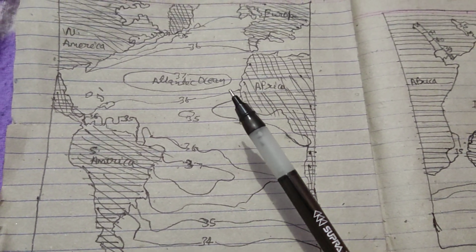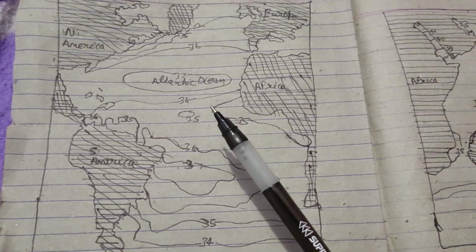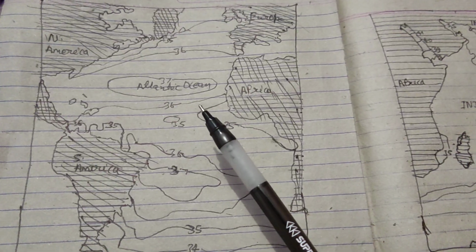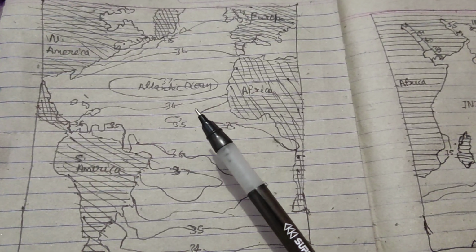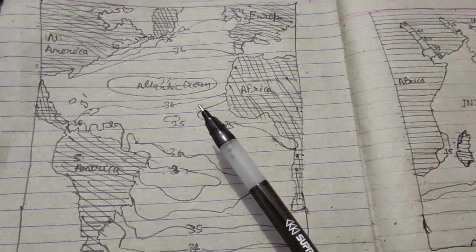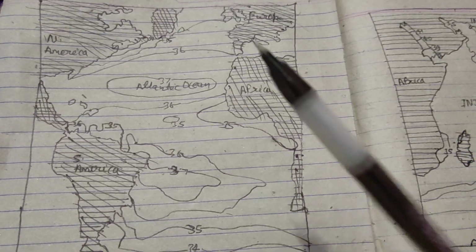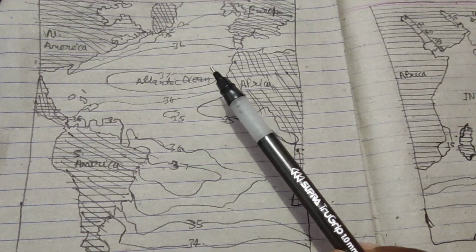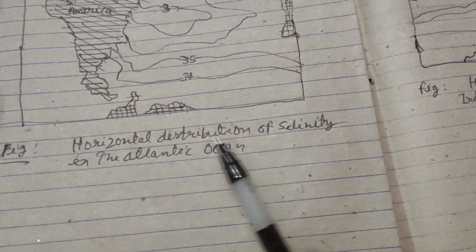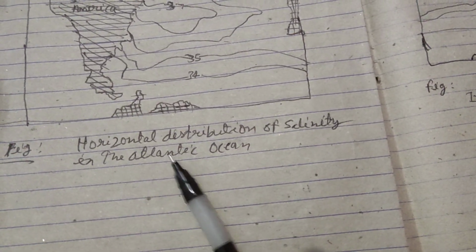Therefore, water evaporates very quickly here compared to the Pacific Ocean. Therefore, the Atlantic Ocean has high salinity. This is the horizontal distribution of salinity in the Atlantic Ocean.